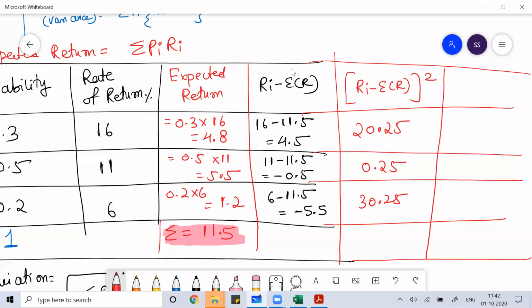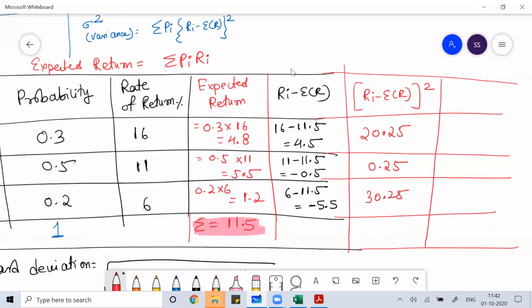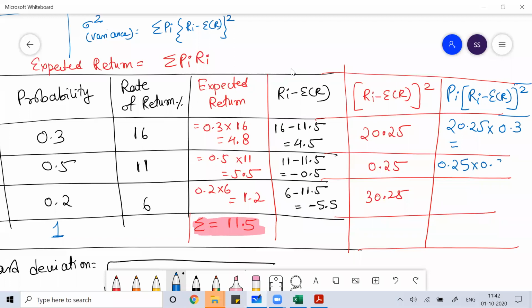Do the square of that, and then multiply it with probability. So 20.25 into 0.3, then 0.25 into 0.5, and then 30.25 into 0.2.